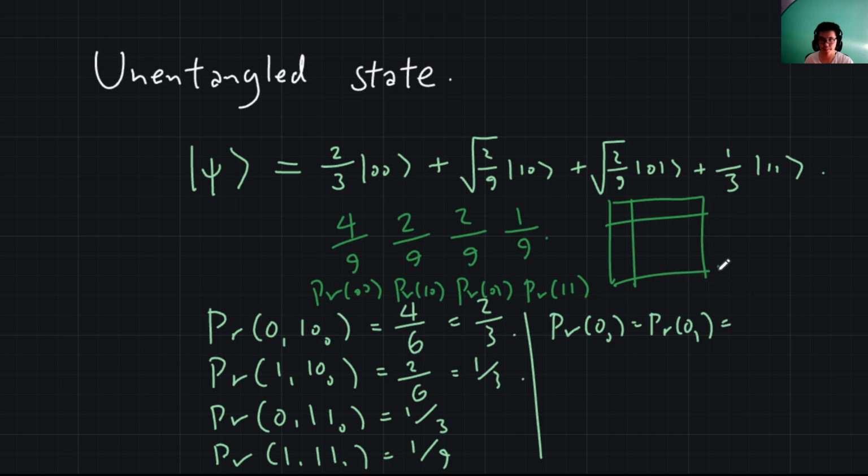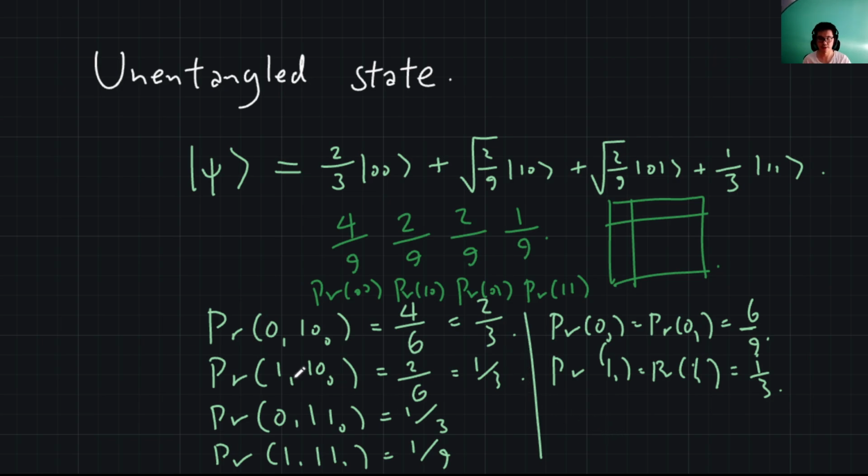So six ninths. Likewise marginalizing the probability of 10 and 11 would be 1/3. So 2/3, 1/3.